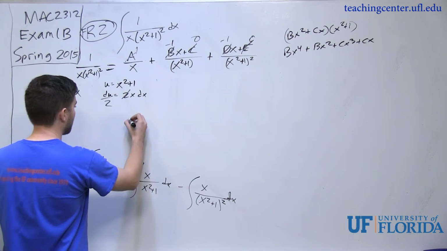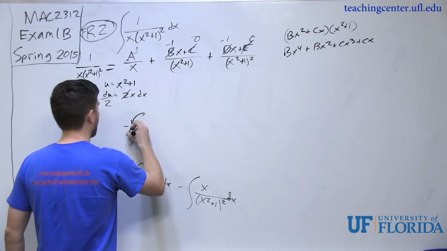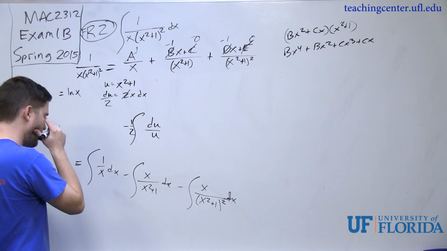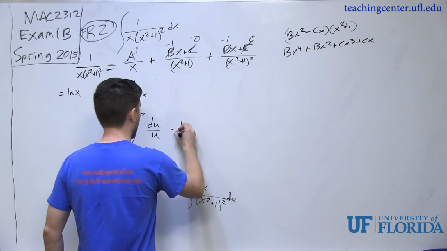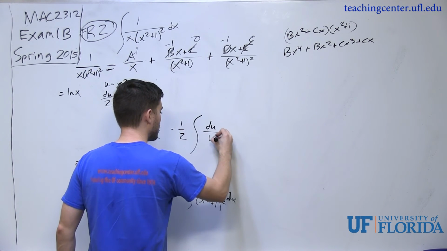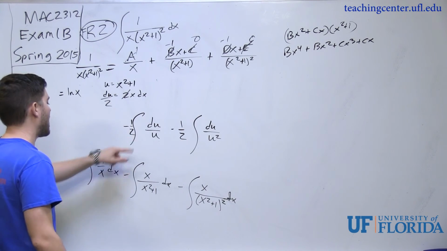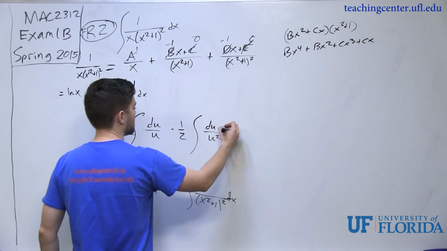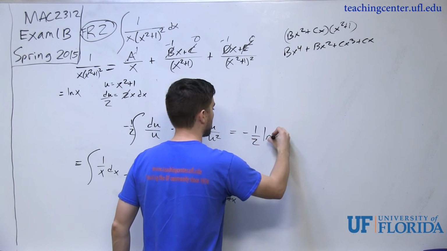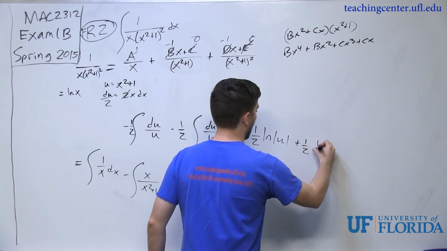So I'm going to plug in for this integral with my terms. I end up with du over u. And here I end up with minus 1/2 integral du over u squared. Now I just integrate these terms. So this is equal to -1/2 natural log of u plus 1/2 1 over u.